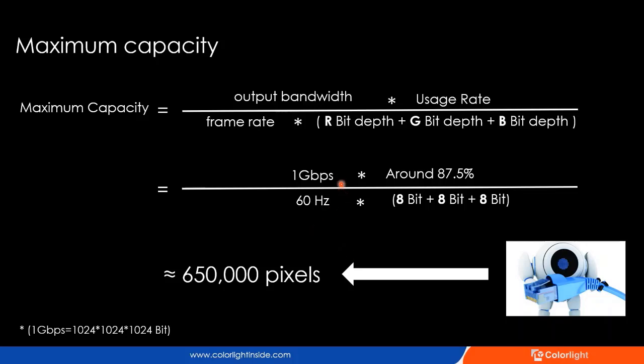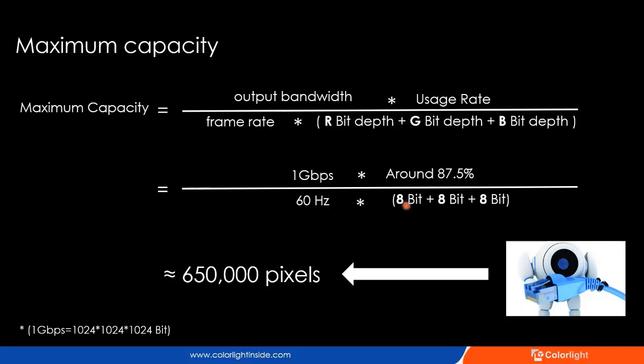So keep going and check the formula. The maximum capacity for one output port is transmission bandwidth multiplied by usage rate, then divided by the frame rate and color depth. Normally, the frame rate is calculated according to 60 Hz.